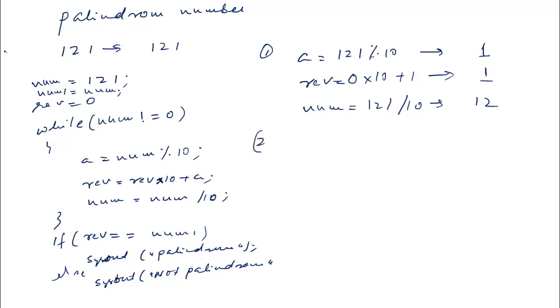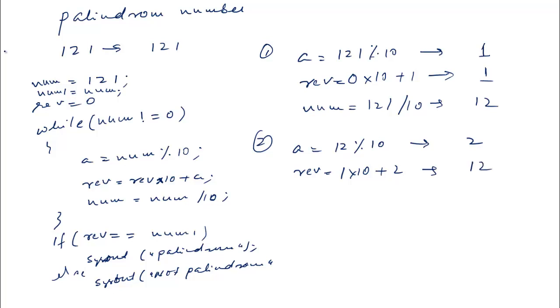Then the second iteration: now num is 12, 12 percentage 10. Now the remainder is 2. Now I'll give this reverse. The reverse value is 1, so 1 into 10 plus 2, so it will be 10 plus 2, 12.